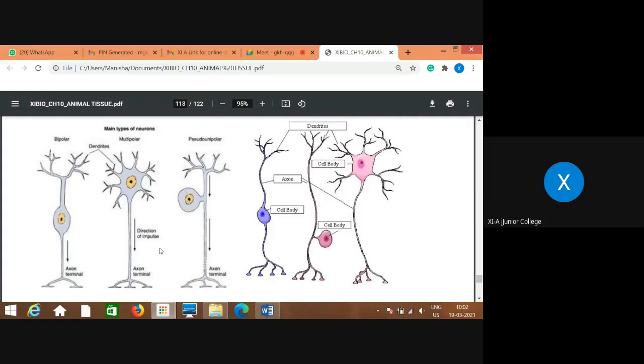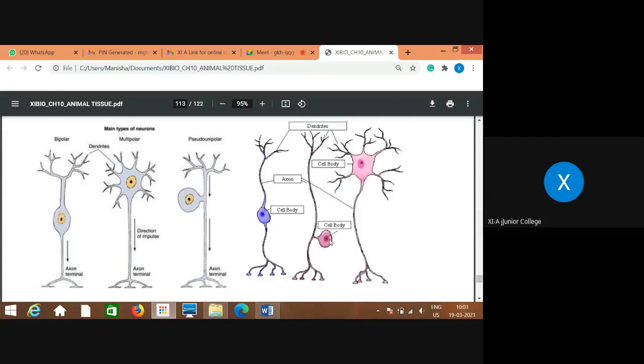It has a single process originating from cyton. Both axon and dendron arise from cyton at one point. You can see in this diagram both dendron, these are the dendrites, and the axon originating from a single cell body, that is one point. So that is called unipolar. Here also the same thing.